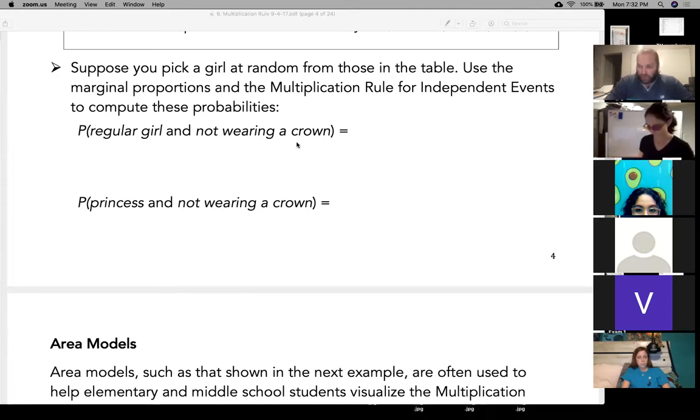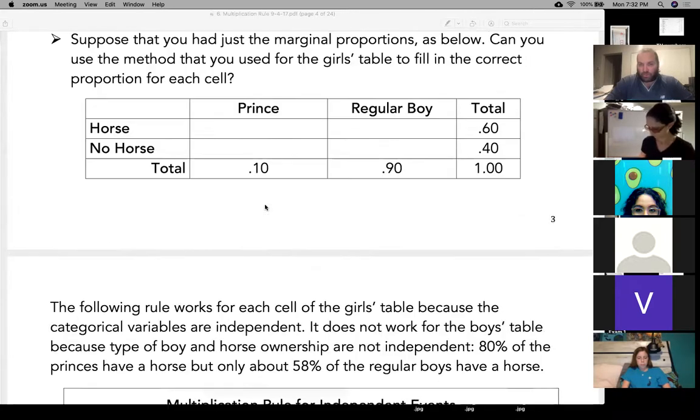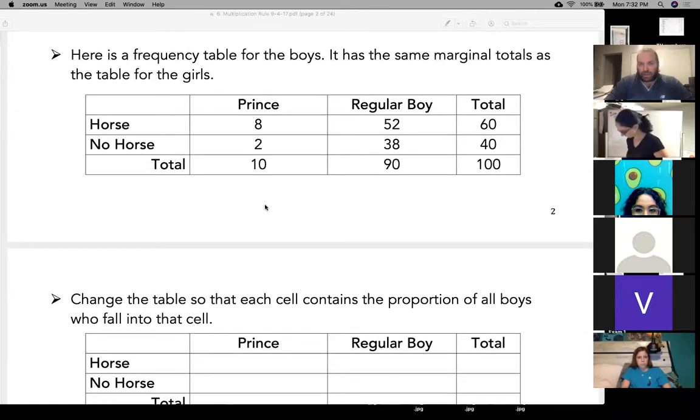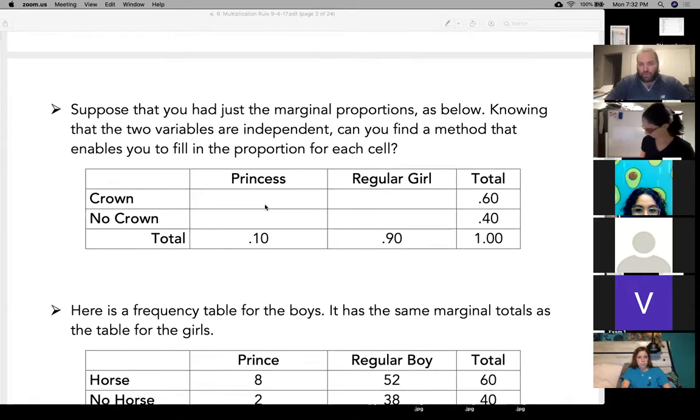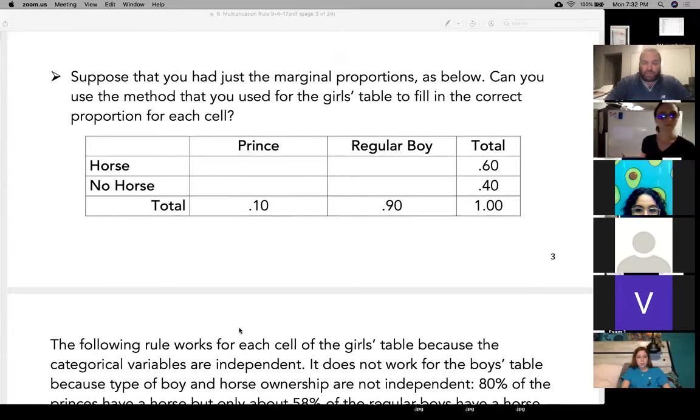You just multiply. And how about a princess and not wearing a crown? Well, let's go back up. Princess is what probability? 0.10. Not wearing a crown is what probability? 0.4. So what is the probability of a princess not wearing a crown? 4%, again, assuming independence.